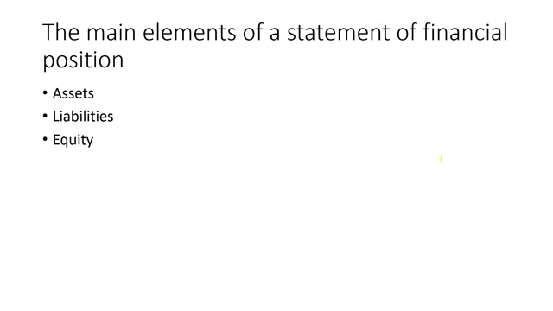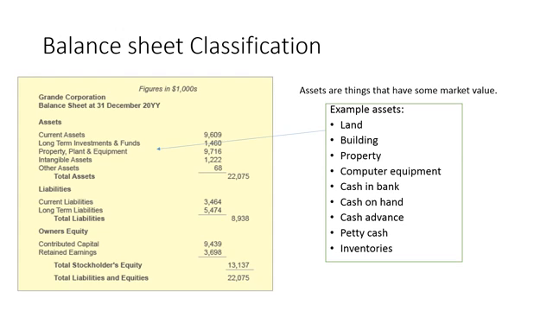Okay, so the main elements of a statement of financial position or balance sheet are assets, liabilities, and equity. So let's just classify some of them. This is a screenshot of a balance sheet that I found on the internet.